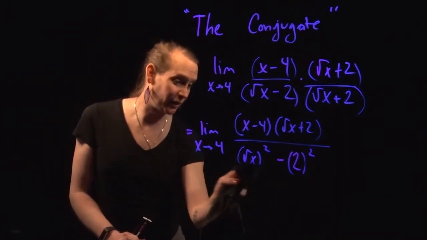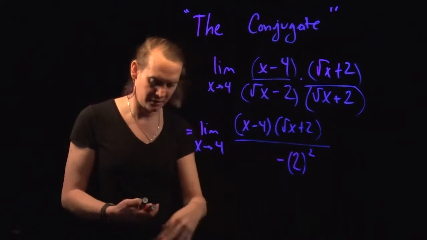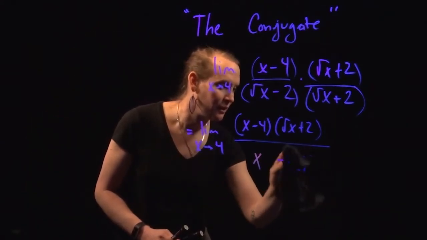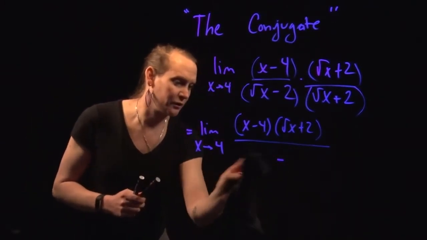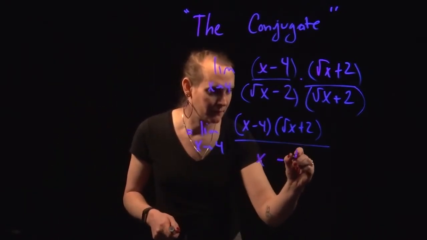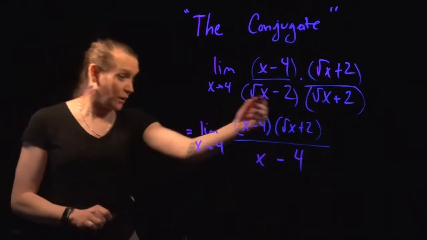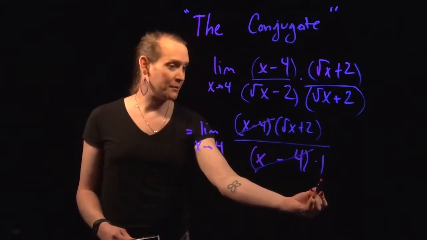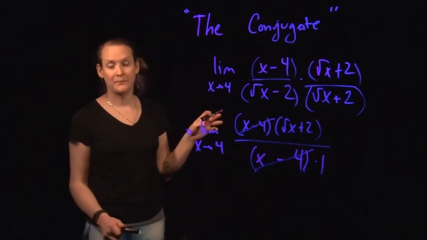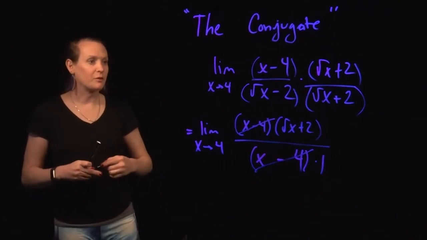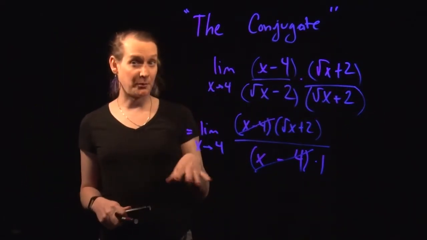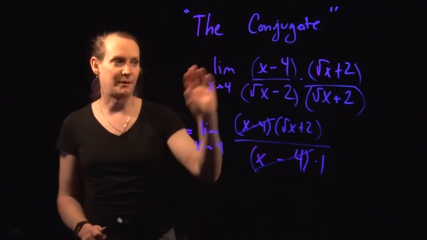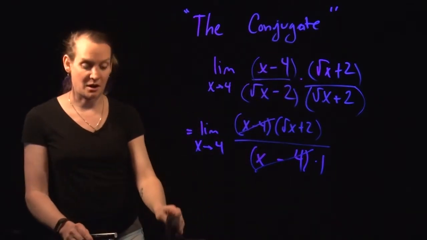So the square root of x squared is x, and 2 squared is 4. And then voila, they cancel. I'm left with a 1 in the denominator and a square root of x plus 2 on the top. And then I can try substitution. So the multiply-by-the-conjugate technique deals with essentially a removable singularity or removable discontinuity in the function that you're taking the limit of.